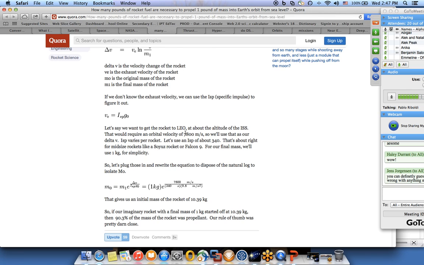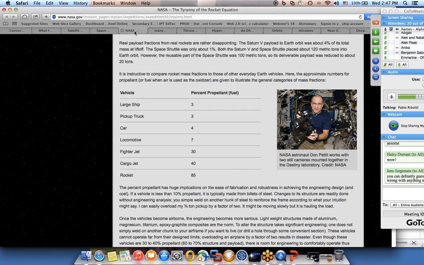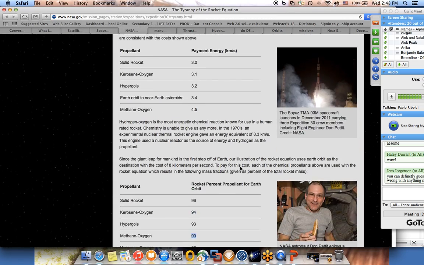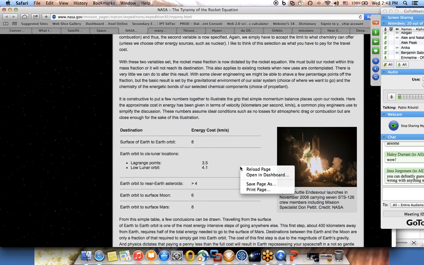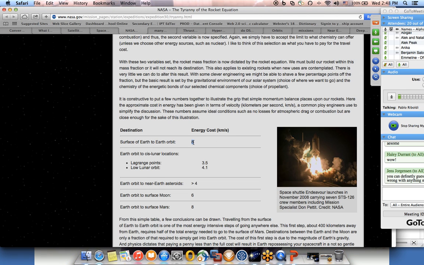But basically here it is saying, let's suppose that we want to achieve the required orbital velocity of 7,800 meters per second. So 8,000 meters per second is basically the same as this 8 kilometers per second. Okay, so 1 kilometer is 1,000 meters.